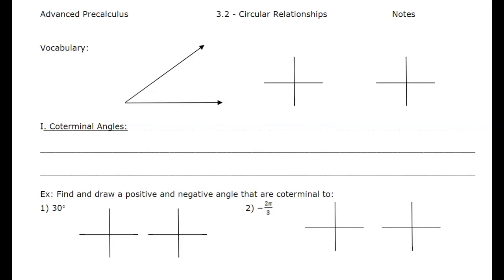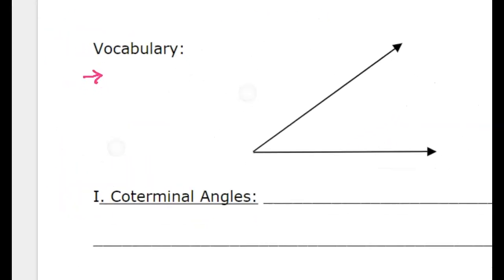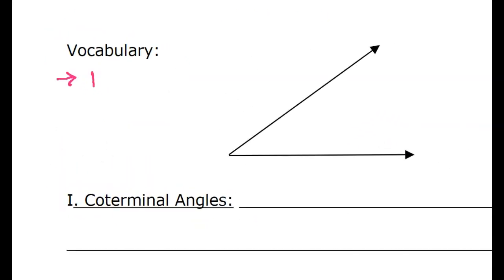The first two vocabulary terms I want us to learn are two different types of sides when you're talking about an angle. The first is the initial side, and the second is called the terminal side.